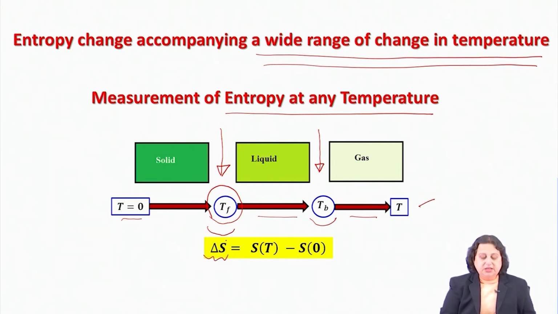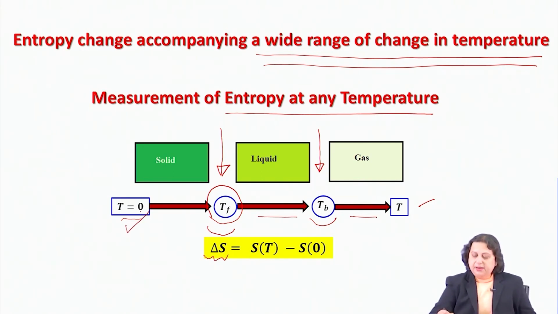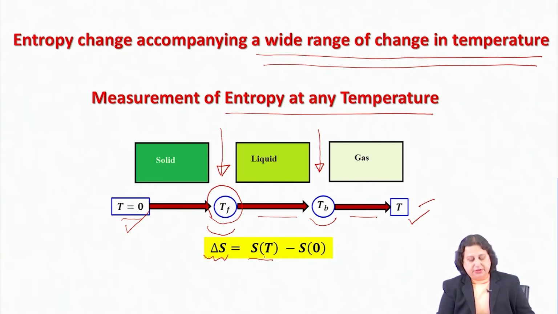So if my initial equilibrium state was at T equal to 0 and my final equilibrium state is at a finite temperature T, then what is delta S? Delta S would be the value of entropy of the system at the temperature T minus the initial value of entropy when T was equal to 0.